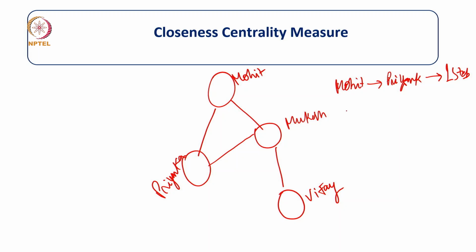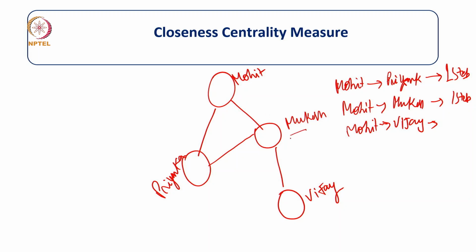Then for Mohit to Mukesh, we have one step, and for Mohit to Vijay, we have two steps, because after the first step we reach Mukesh, and then the second step is Vijay.